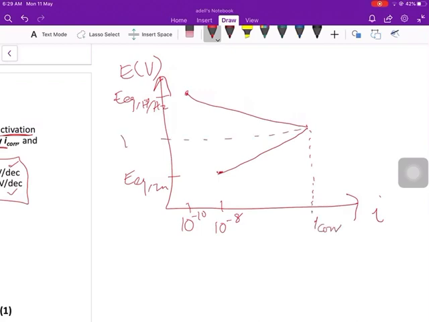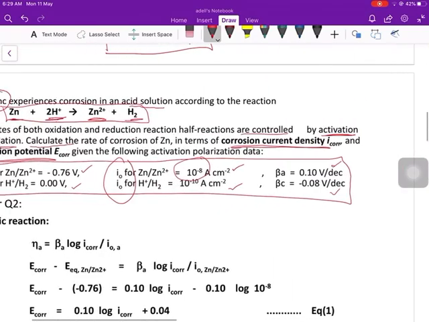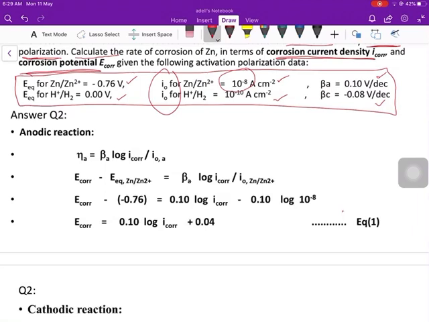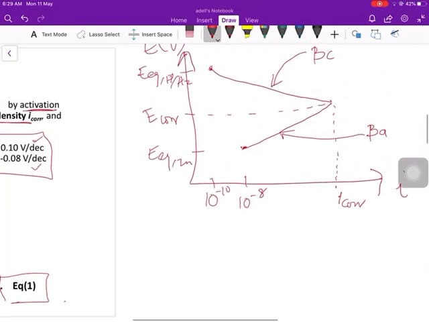You need to calculate the I corr as well as the E corr of this zinc reaction. This is beta A, and this is beta C. So you must have 2 reactions, and at the end you must have 2 equations.